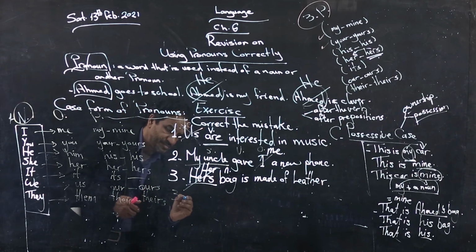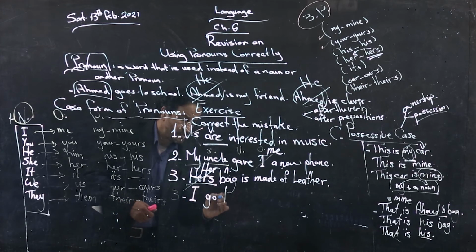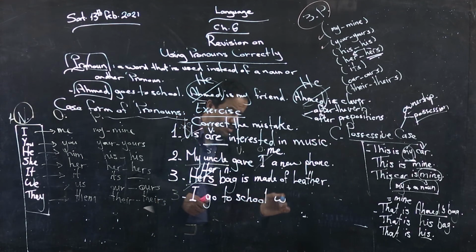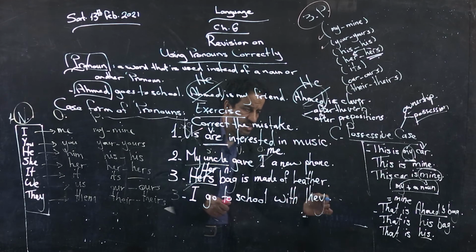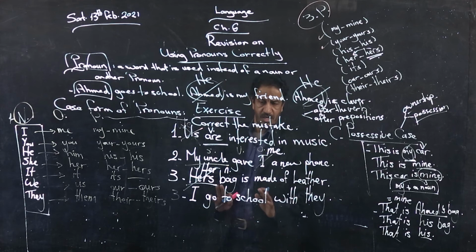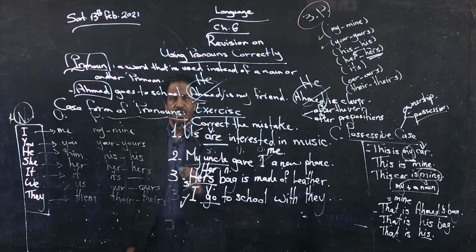I go to school with they. We have two pronouns, I and they. Here is a verb. So it's a subject here. So I is correct. I go to school, correct. With they.